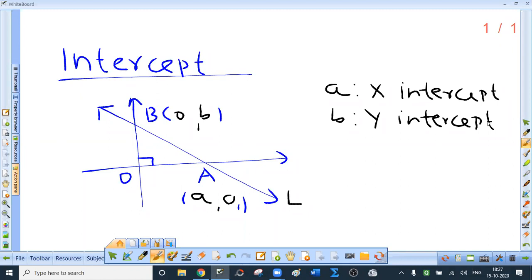So small b is called the y-intercept. Note that if I ask you what is the length of the x-intercept, then it is not a, it is mod a, because a is just a coordinate. If a is -3, will you say the length of the x-intercept is -3? No. In that case, you have to consider mod a. So mod a and mod b are the lengths of the intercepts made by the line on the coordinate axes.